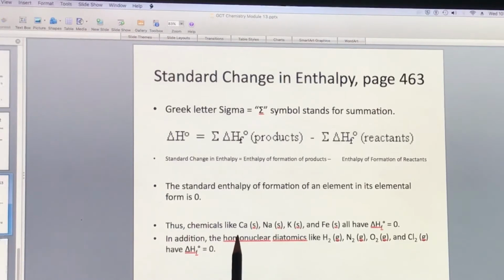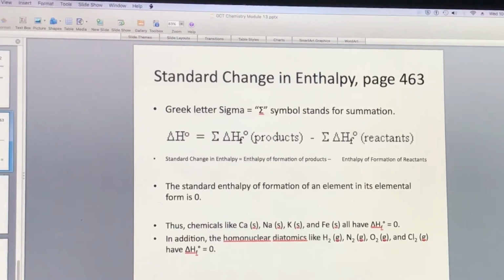And just to clarify, atoms that are found as homonuclear diatomics, like H2, N2, O2, and Cl2, also have this value of 0 in their diatomic form, but not in their singular form.